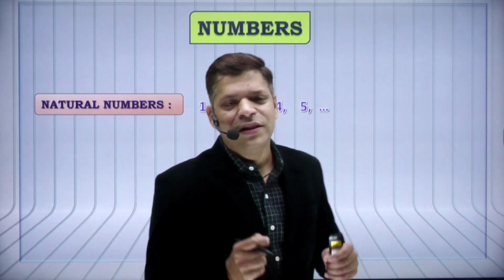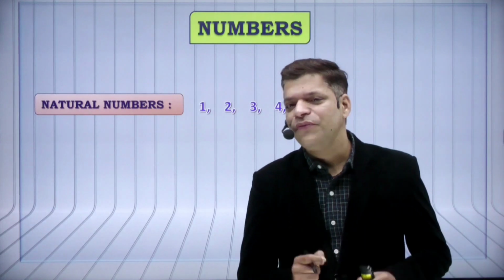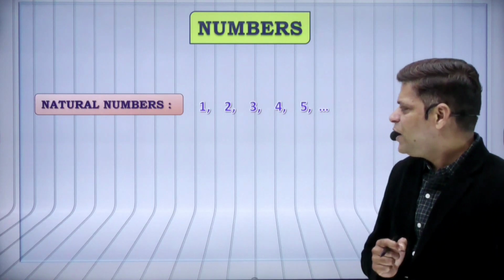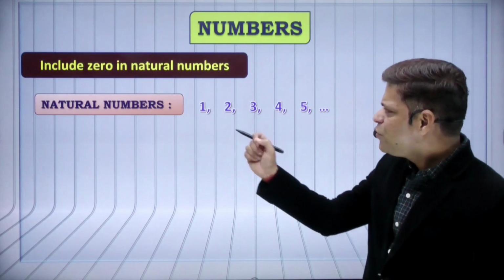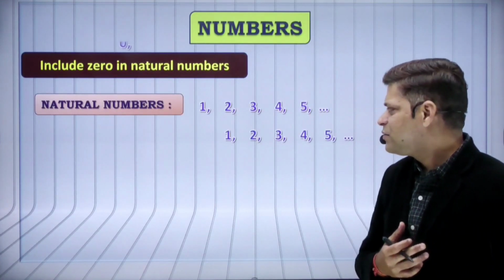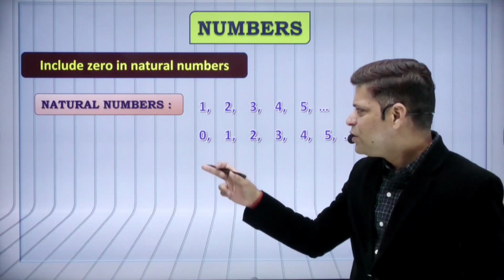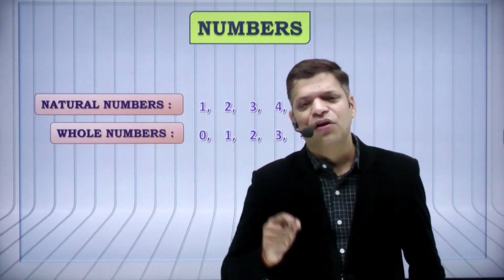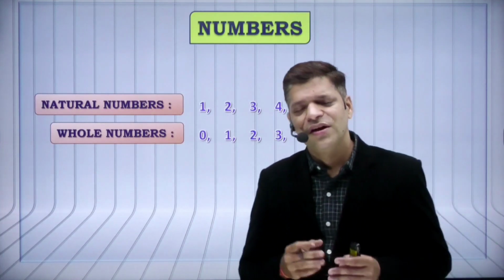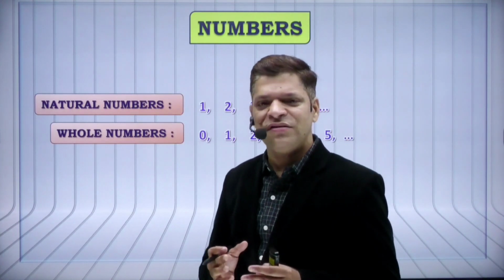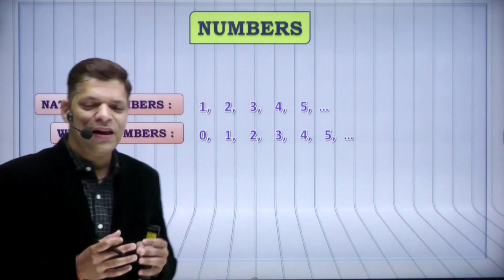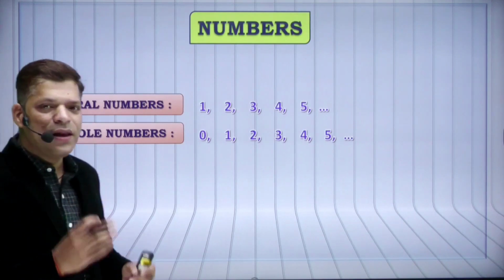But now, in the counting numbers, if we add 0, then what will it be? If we include 0 in the natural numbers, then it is called whole numbers. So in the number system, the first is natural numbers, and if we add 0 to the natural numbers, then it will be whole numbers.